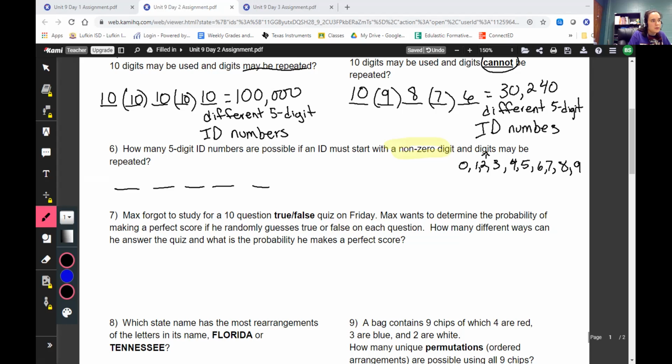So how many digits are in there? 9. And then once we draw that, we only have 8 possible options left. And once we draw that one, it's 4, we only have 7 possible options left. And once we draw that one, we only have 6 possible options left. So we've got 9 times 9 times 8 times 7 times 6.